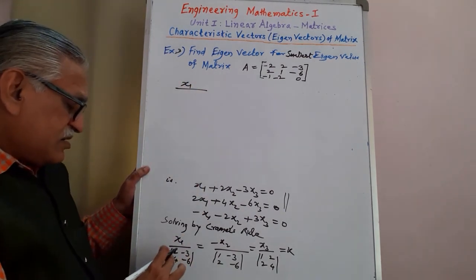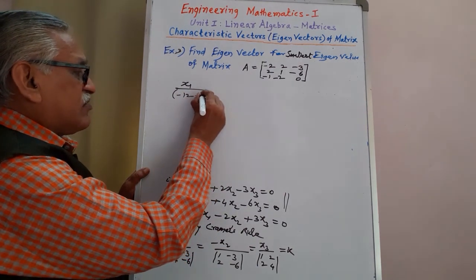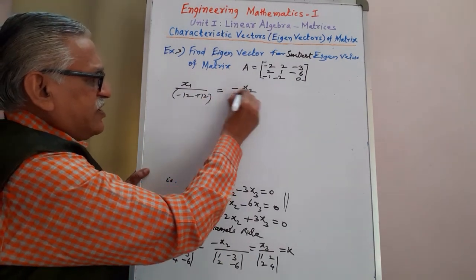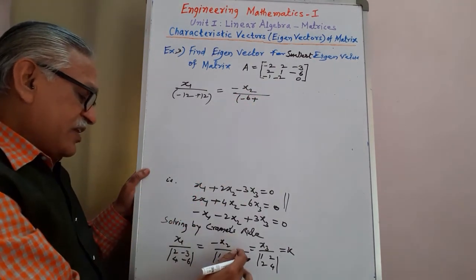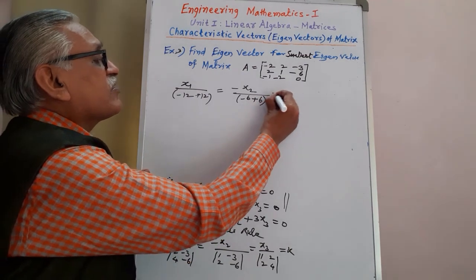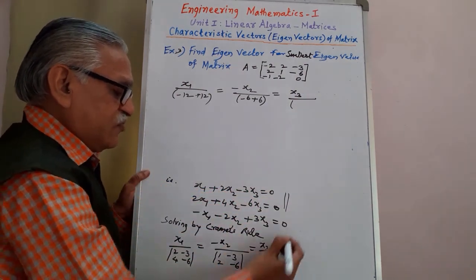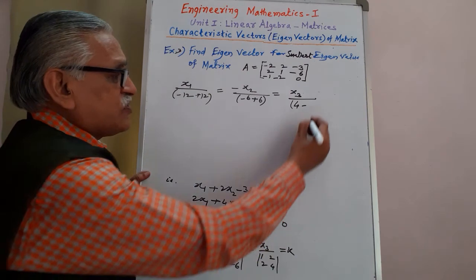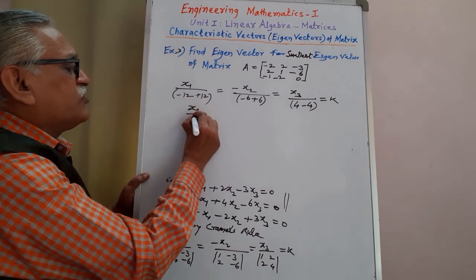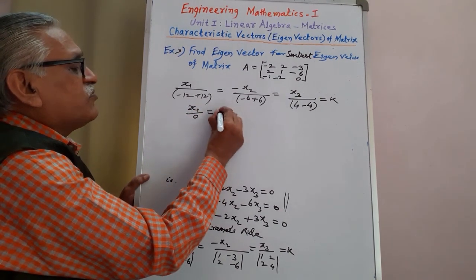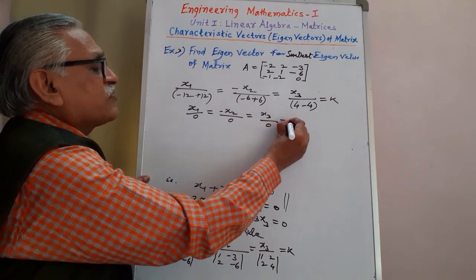x1 divided by minus 12 plus 12, minus x2 divided by 6 minus 6, x3 divided by, it is 1 4 is 4 minus 2 2 is 4 equals to k, say, and therefore it is x1 upon 0, minus x2 upon 0, x3 upon 0 is equals to k.